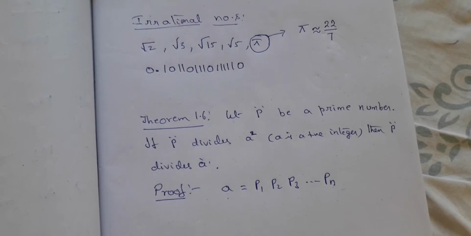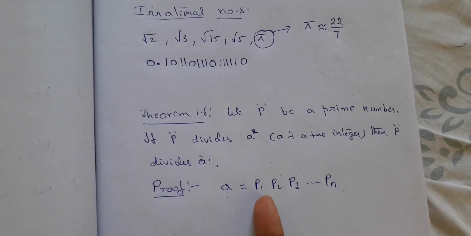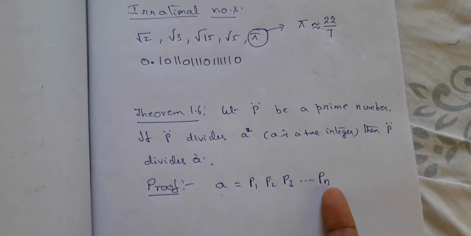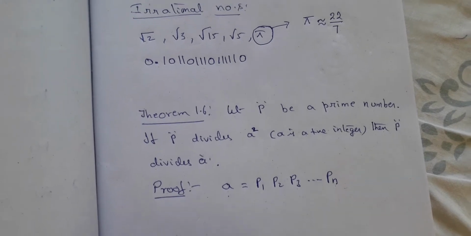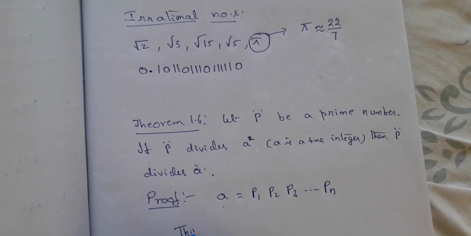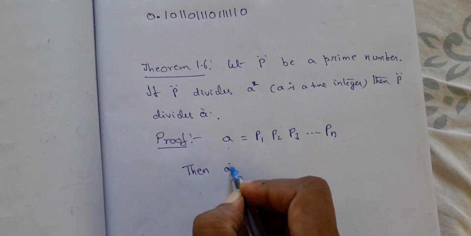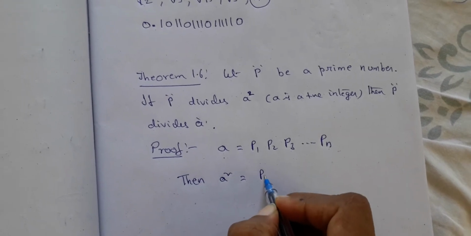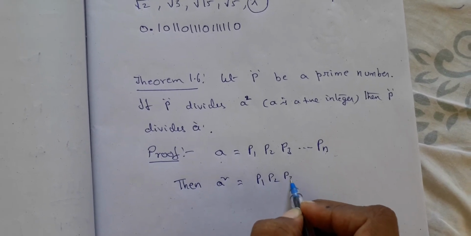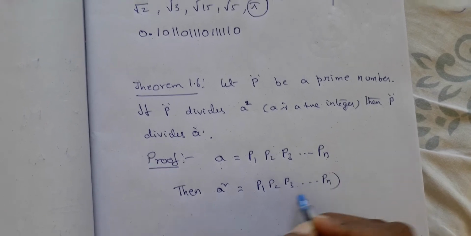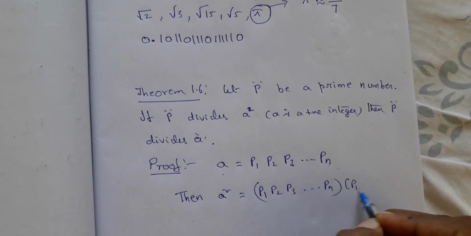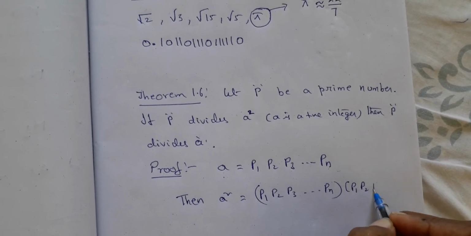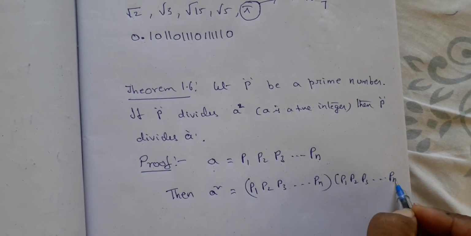Right. So therefore, when I define A as P1 into P2 into P3, etc. Pn, then A square will be equal to P1, P2, P3, etc. Pn multiplied by again P1, P2, P3, etc. Pn. Is it not?